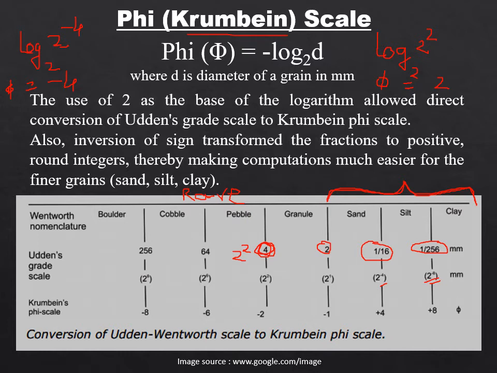To avoid these negative numerical values, Krumbein proposed a negative sign before the logarithmic transformation. So now the Krumbein phi scale is proposed as phi equals minus log base 2 of d. This d is the diameter of grains used in the Udden-Wentworth grade scale. So from that we can write that d is equal to 2 to the power minus phi.